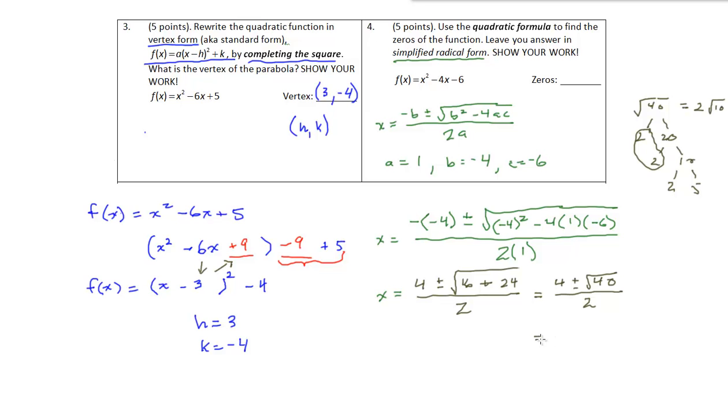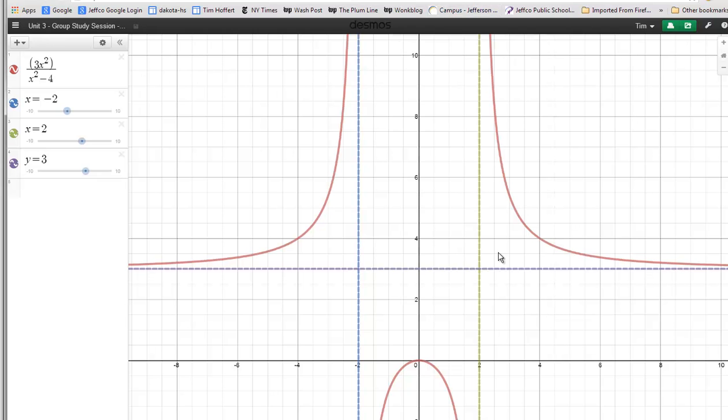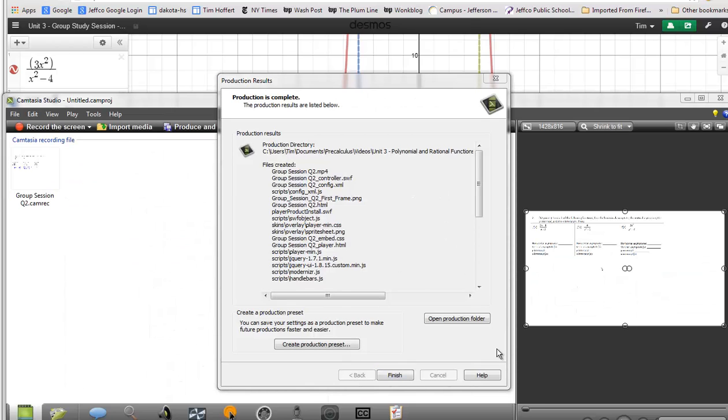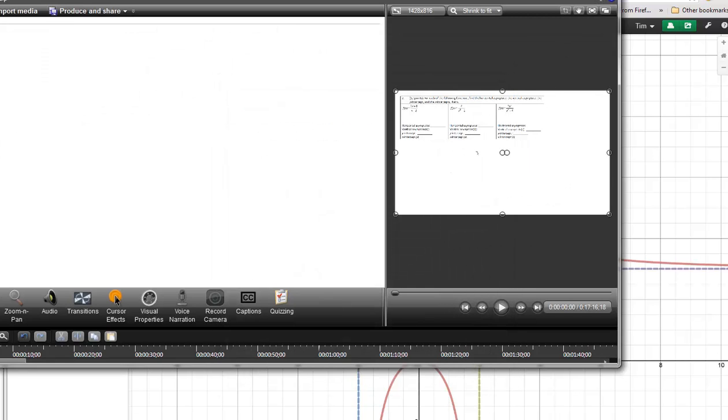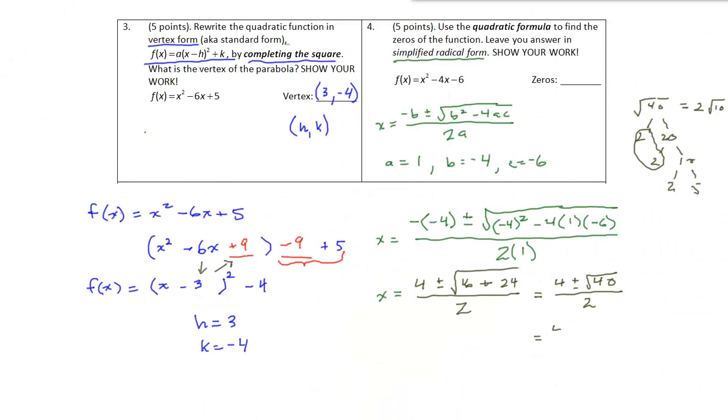So this is now equal to 4 plus or minus 2 radical 10 over 2, and these coefficients out in front that don't have the radicals can be simplified.